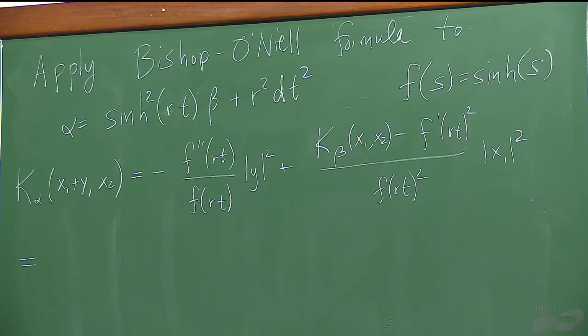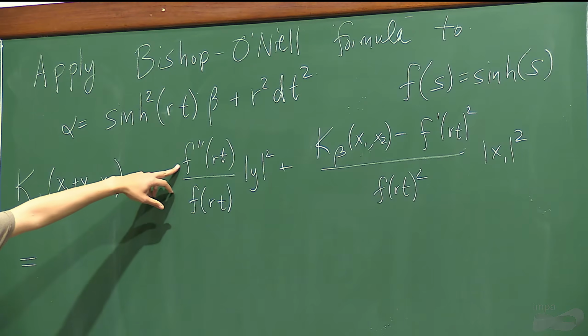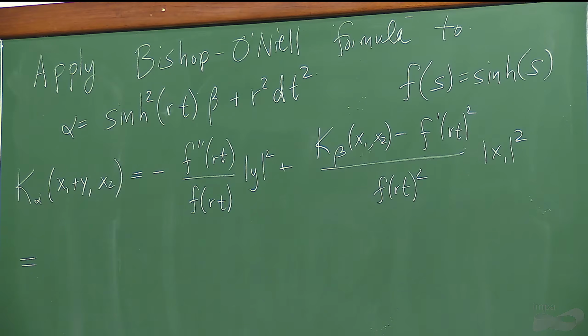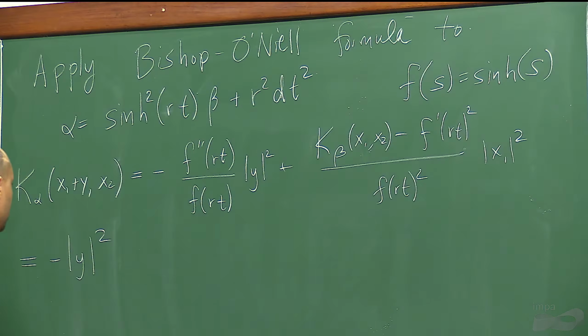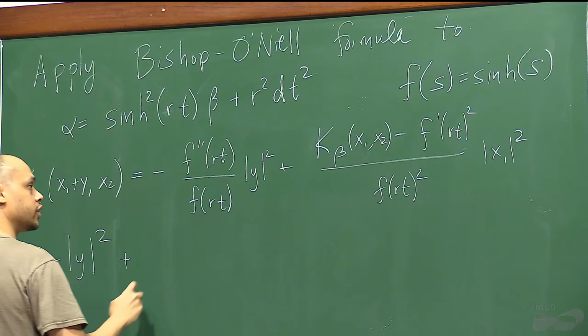Okay, now we can just compute. Second derivative of sinh is sinh, so this first term just becomes minus norm y squared. And then I'm going to split up the second term into two pieces.